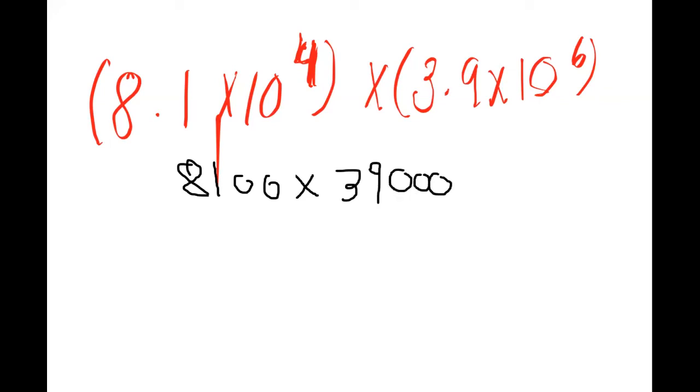It will be 81, I think, and 4 zeros, and the 3 zeros, sorry. I have its power of 4, so you have to move the decimal point 4 digits. Yes, thank you.